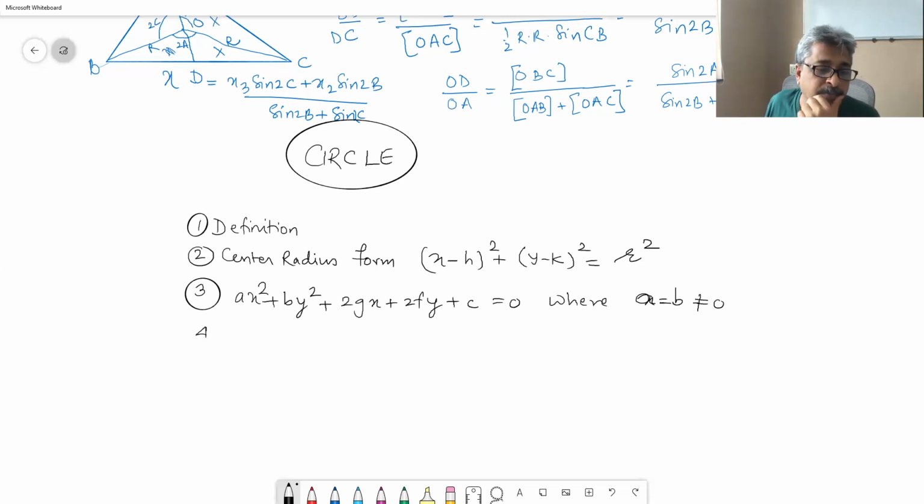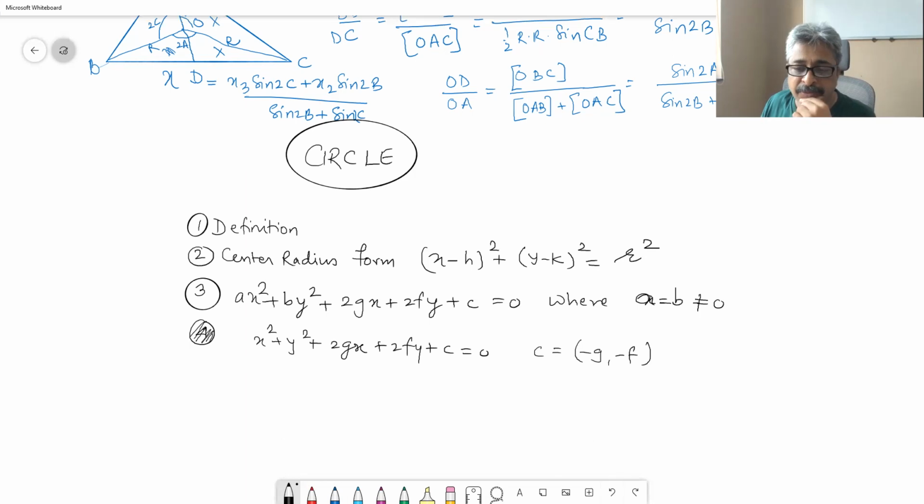Okay, 4. In this case, if it is general equation looking like this, which eventually we can convert into x square plus y square plus 2gx plus 2fy plus c is equal to 0 form, then we get center as minus g comma minus f, and radius is equal to radical g square plus f square minus c, we know this.